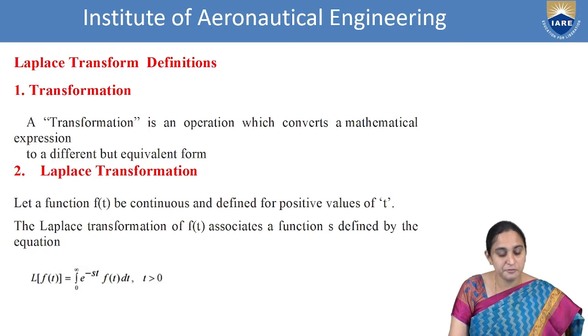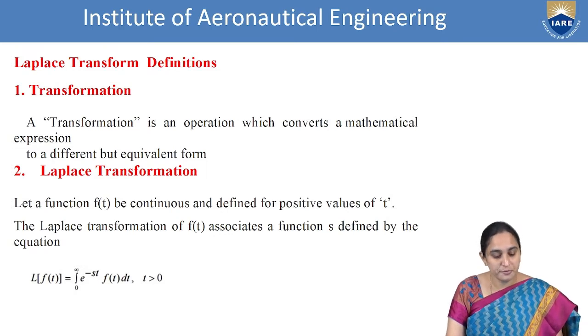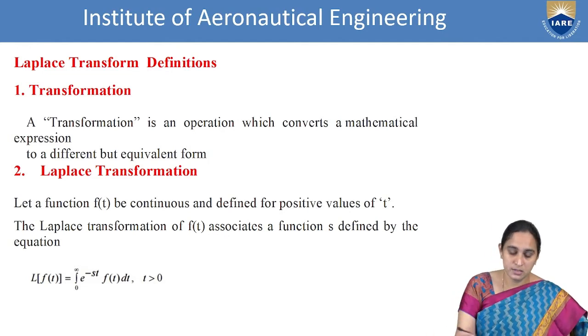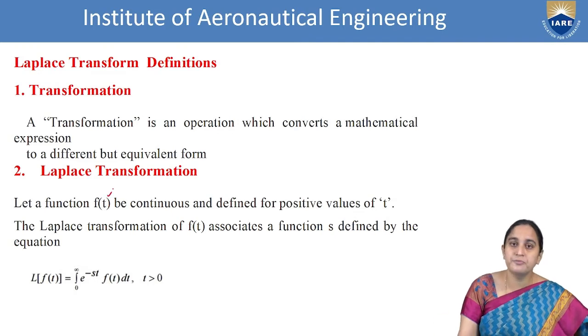Let a function f of t, one function that is f of t, be continuous and defined for positive values of t. Here I am taking one function in terms of t.